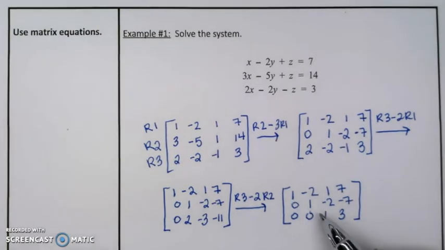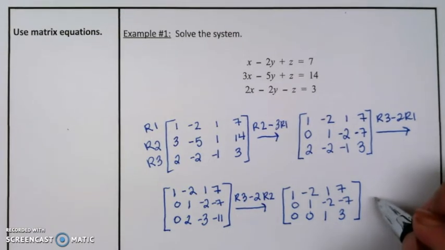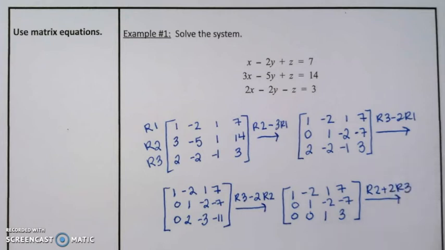Okay, so now I am in row echelon form, but I want to keep going, okay? And I want to get reduced row echelon form. So the next action that I'm going to take, let's do row 2 plus 2 times row 3.